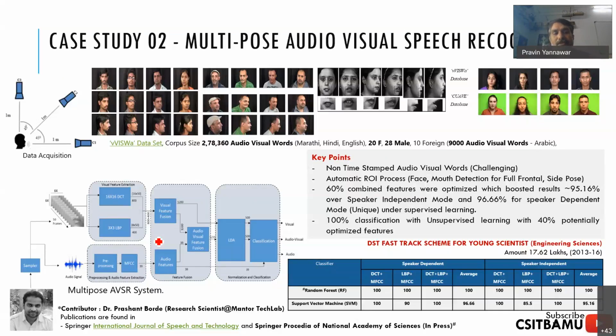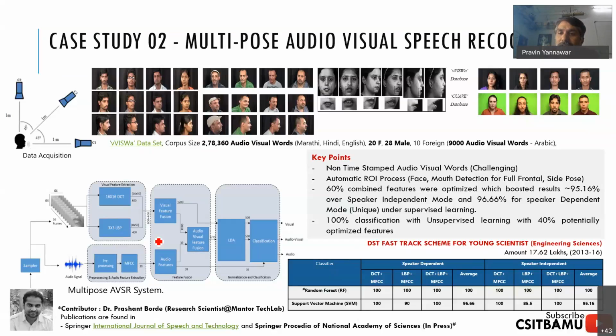Okay, so we have a data acquisition system where three cameras are there, C1, C2, C3, and based on that, we have developed a corpus containing 278,360 audio visual words in Marathi, Hindi, and English, with the contribution of 20 female participants and 28 male participants.